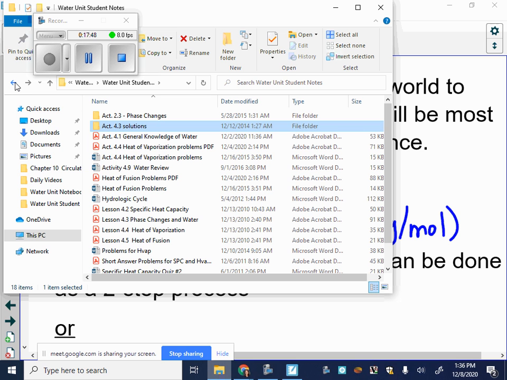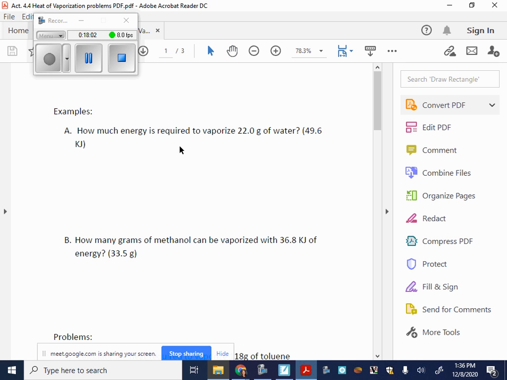So, there we go. Oh, there. So you'll have a page that looks like this.